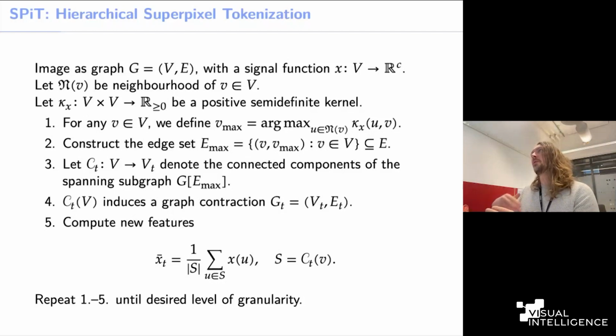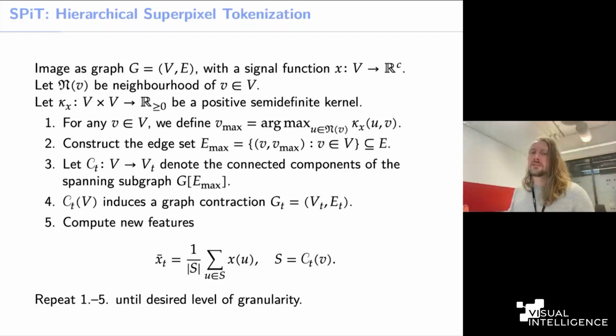Essentially, we're looking at all the neighboring vertices in the graph, and then we pick the most similar vertex to each vertex.